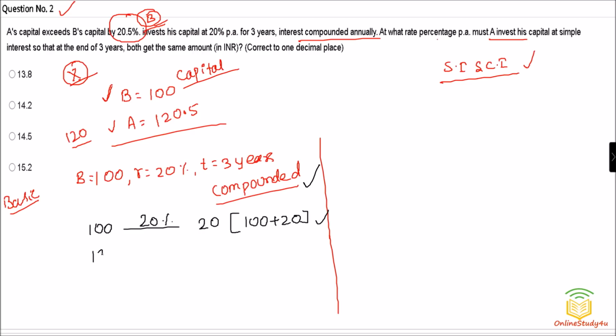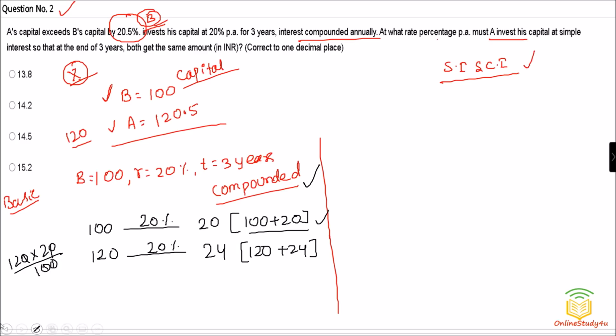So 100 plus 20 becomes 120. Next year you calculate interest on your amount, 120. In the case of simple interest you do not have to do like that. Now 20% of 120 is 24. You could have calculated it directly. So 24, done. Now your amount will be 120 plus 24. Friends, what is amount, what is principal? There are a few things, and if you don't know them, you need to learn them from the basics. Okay, no problem. So the total becomes 144.